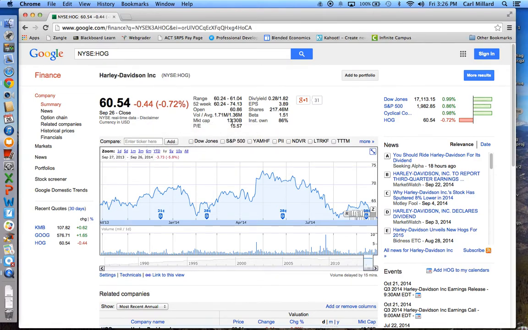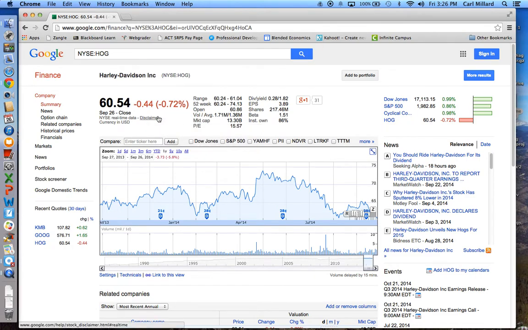Now, in a perfect world, that $13 billion should accurately reflect the value of all of Harley-Davidson's worth. So in other words, if you added up all of their equipment, all of their property, all of their physical assets, that should equal about $13 billion. Sometimes it does, sometimes it doesn't.